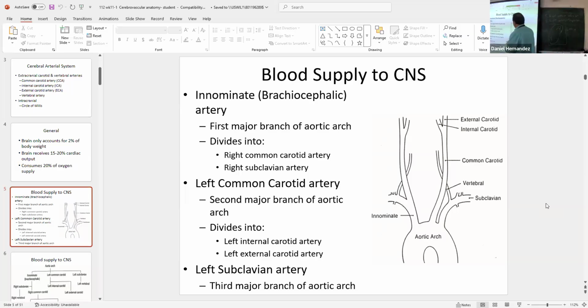The common carotid arteries then split into internal and external carotid arteries. Both right and left will branch into your internal and external. Again, I just want to bring home the point: don't think internal and external in the way that they're splitting and branching and the way you see it on diagrams like this, because you'll get it wrong every single time.